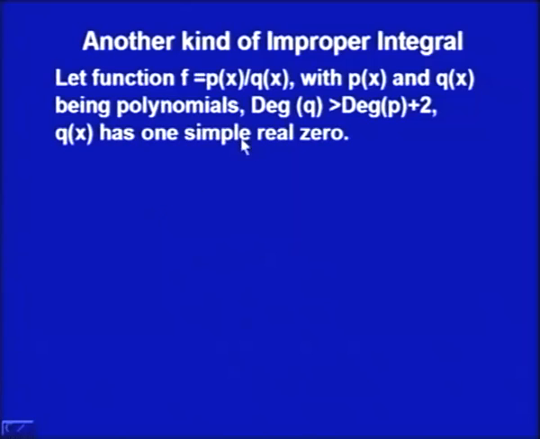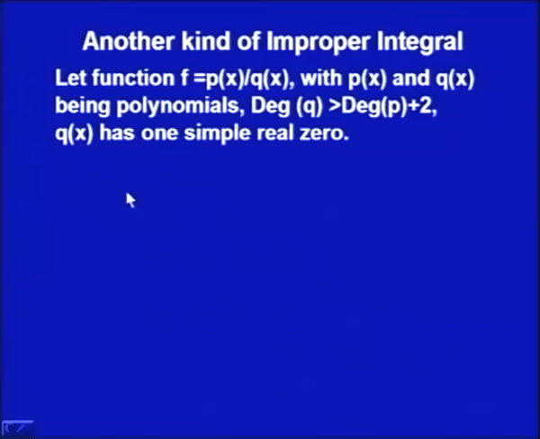Let this function f be again rational, f(x) = p(x) upon q(x), with both p and q being polynomials. The degree condition is also satisfied: the degree of the denominator is at least 2 higher than the degree of the numerator. But what we now have is that f(x) approaches infinity at some point in the interval of integration.